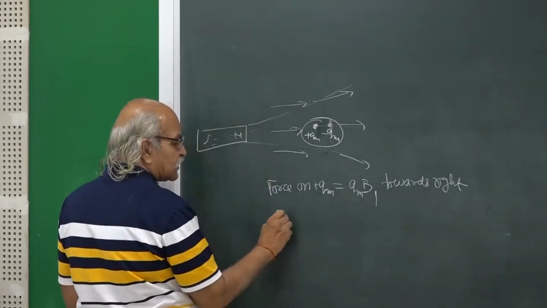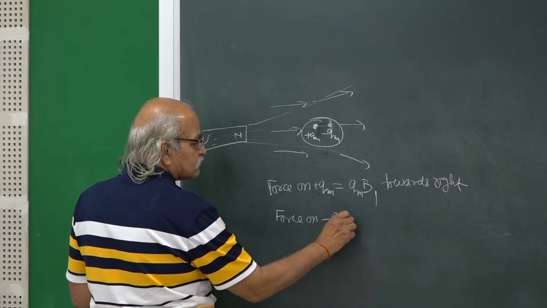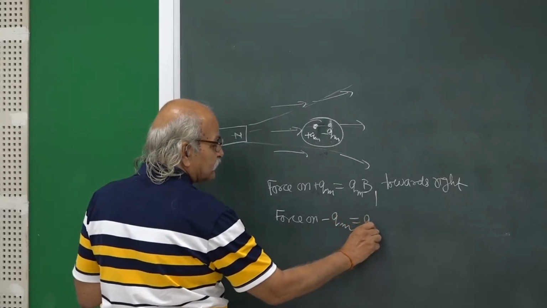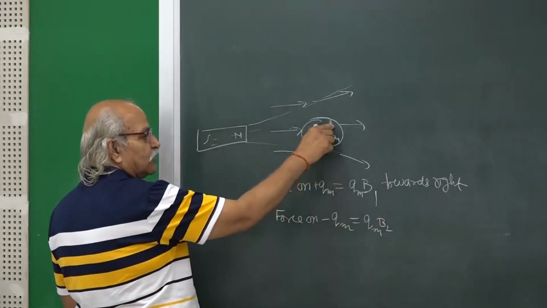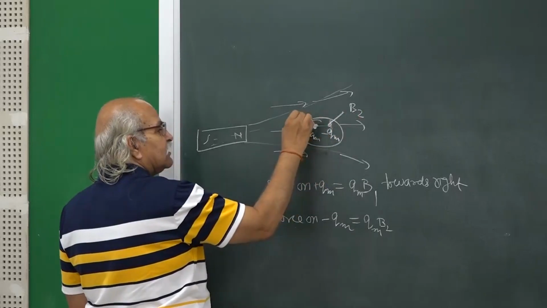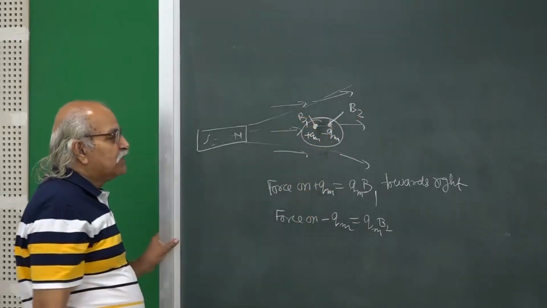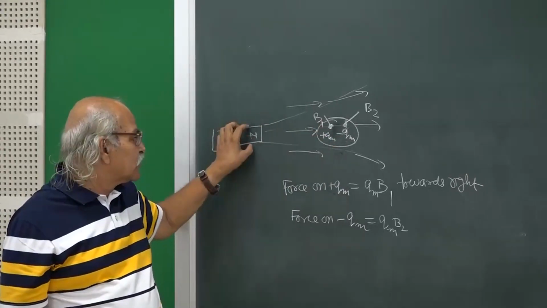And what is the force on minus qm? It is again qm times the magnetic field, and that is B2. Here is minus qm, and here the magnetic field is B2. Here the magnetic field is B1. I am writing B1, B2 because they are not equal. This B1 is larger, closer to the magnet.